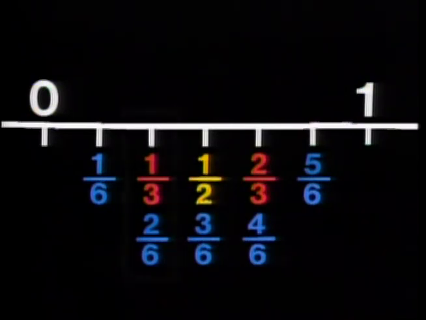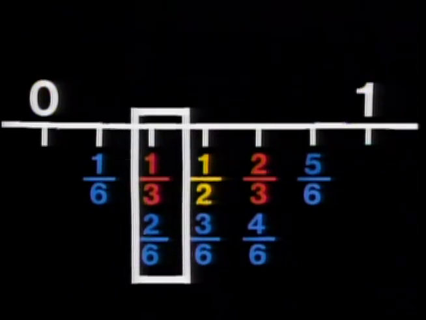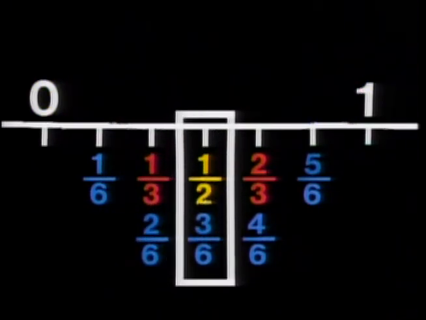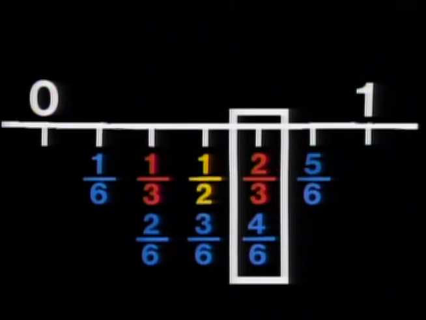Did you see that 2/6 is another name for 1/3? 3/6 is another name for 1/2? And 4/6 is another name for 2/3. If not, replay the last few minutes of this tape.